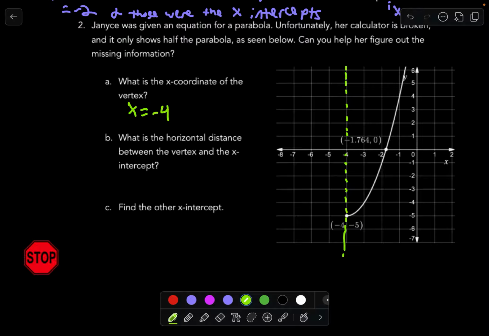What is the horizontal distance between the vertex and the x-intercept? They want this distance here. So what we know is that we have a distance of 4 to the AOS, and I'm not really caring that it's a -4, it just means it's to the left, and that the x-intercept is a distance of 1.764 from the origin.